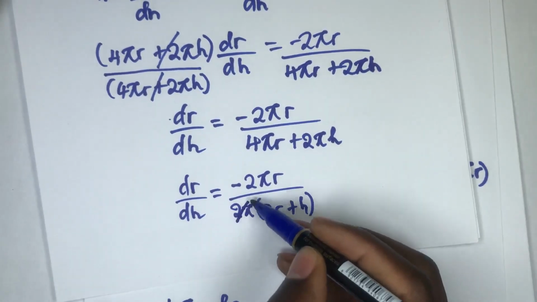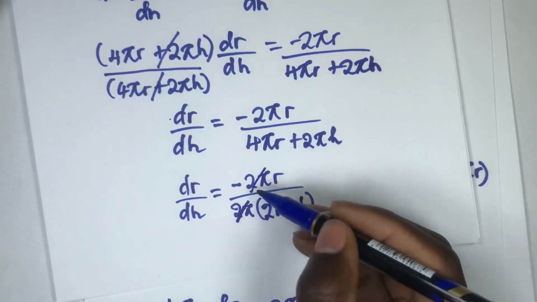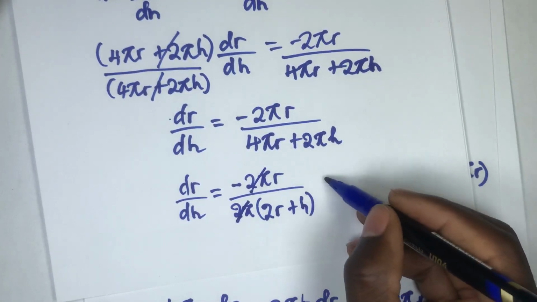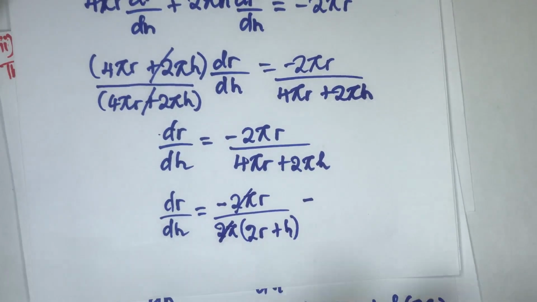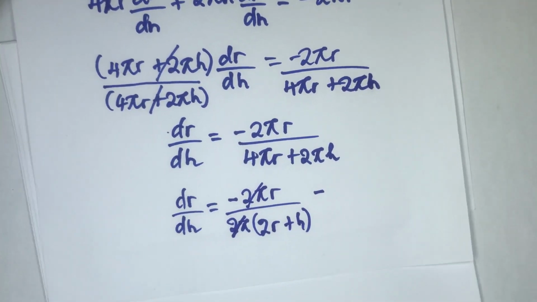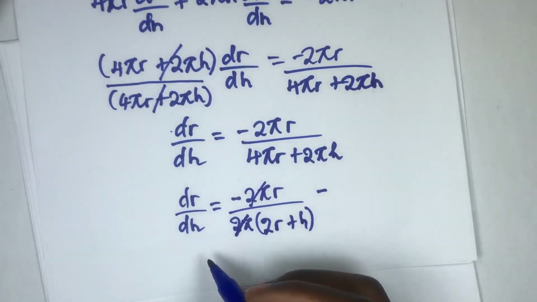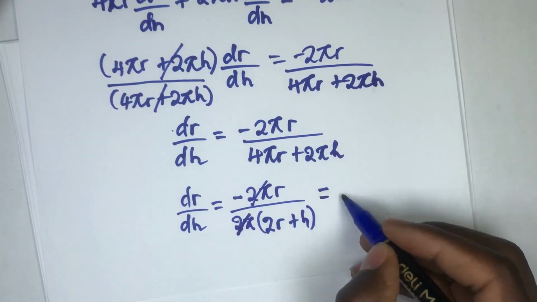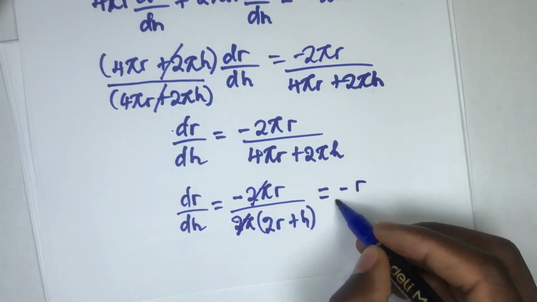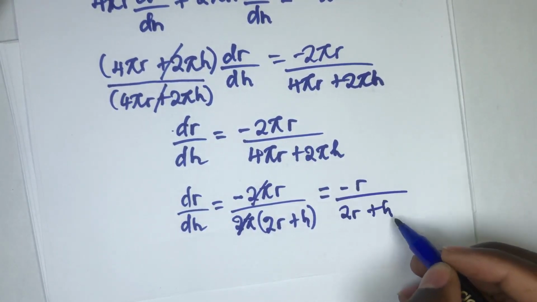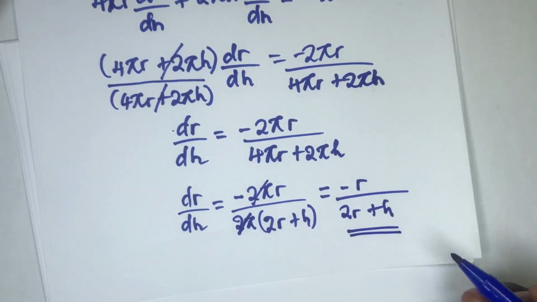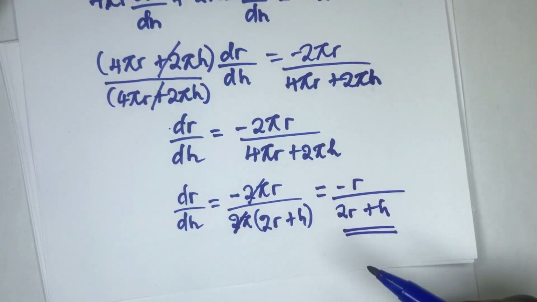The 2 pi on the bottom and the 2 pi on top cancel out, leaving us with the expression dr/dh equal to negative r divided by 2r plus h. So this becomes the dr/dh that's required.